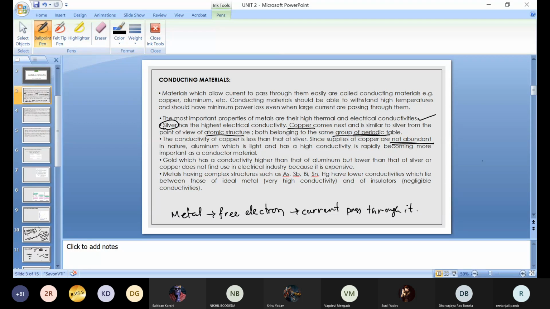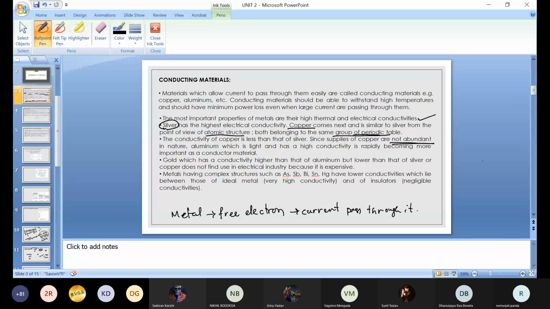That's again a difficulty, because if the material is not available in a large amount, how can we use it everywhere? To overcome that, we need a material available on earth in the highest amount that is also a good conductor of electricity, even though it will not match the conductivity of silver and copper.